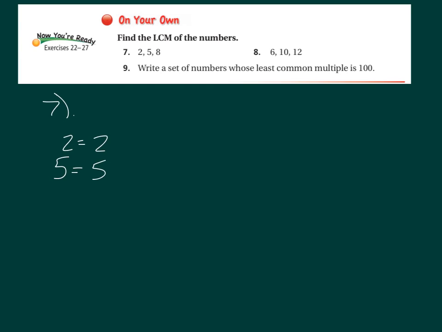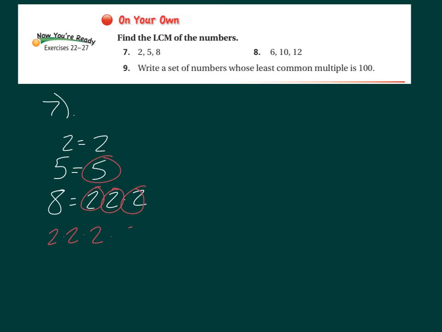We just write 5. But 8, we can write out the factors of 8 as 2 times 2 times 2. So firstly, we want to take our greatest number of factors of 2, and that would be this first row. We have 3 factors of 2, so we're going to write out 2 times 2 times 2. Then the next one would be 3, but we don't have any anywhere, and then the next biggest one is 5.